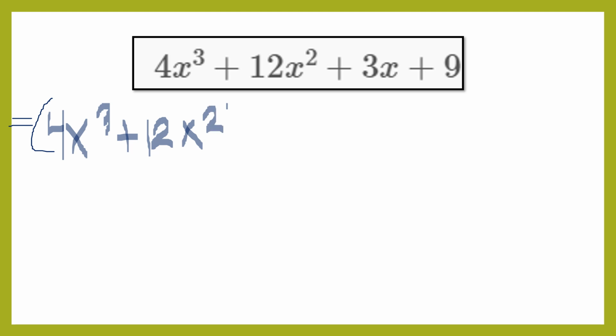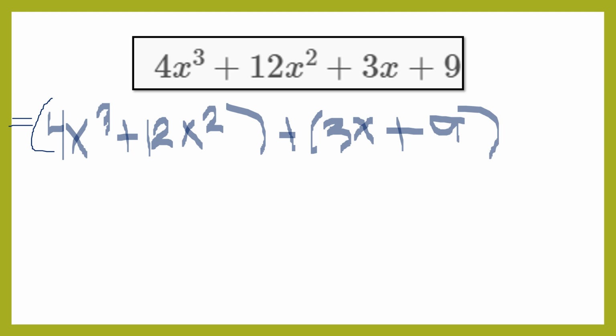You close it, copy the operation, plus, and then open parenthesis, we have here 3x plus 9, and then you close. Okay, I'm sorry, let me erase it. 3x plus 9, and then you close it.